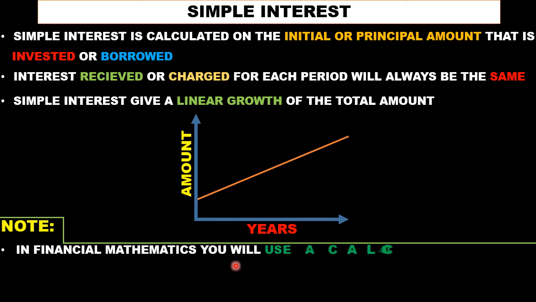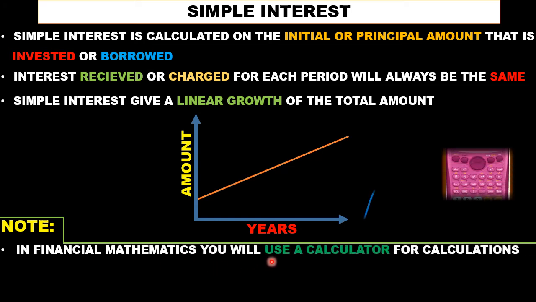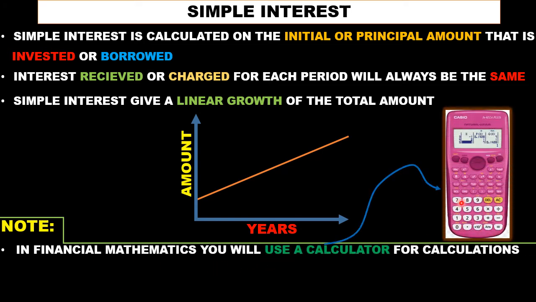You should note that in financial mathematics you will use a calculator for your calculations. Okay, so we can't run away from this. You are like a soldier. You can't go to war without weapons. You should be having hand grenades. You should be having bullets. So this is your gun. This is what you use in financial mathematics.